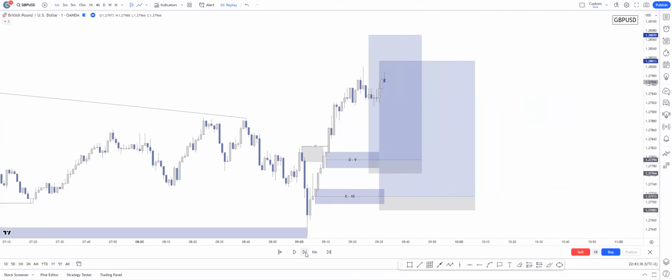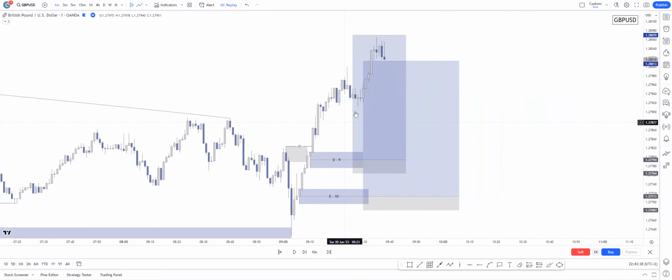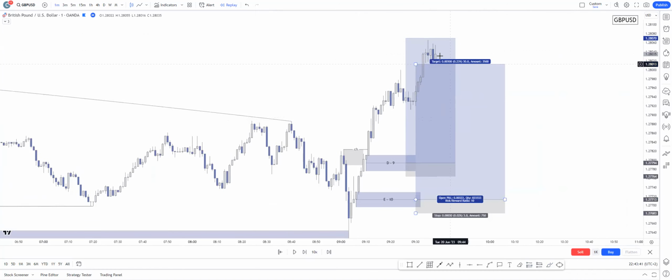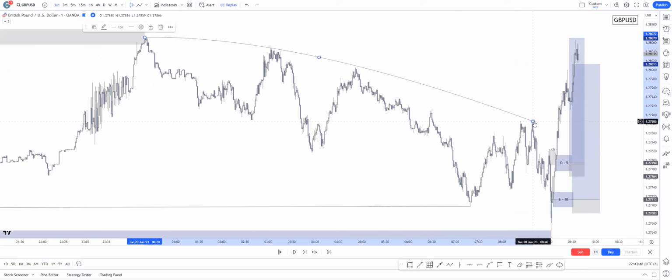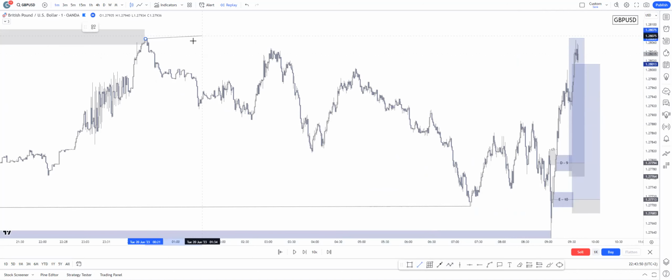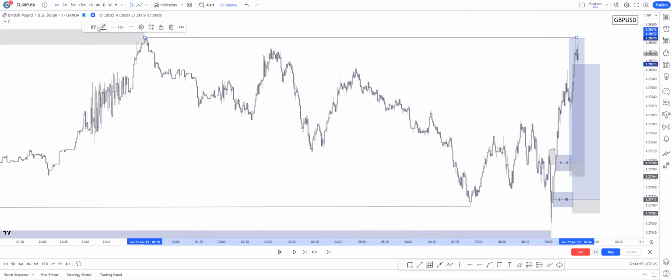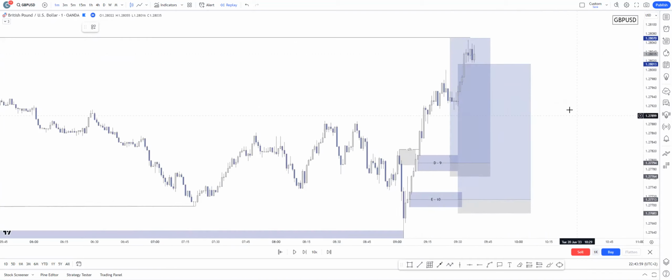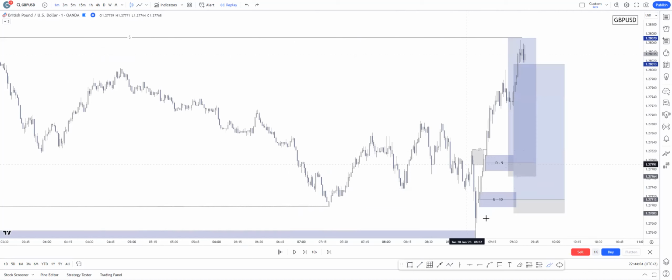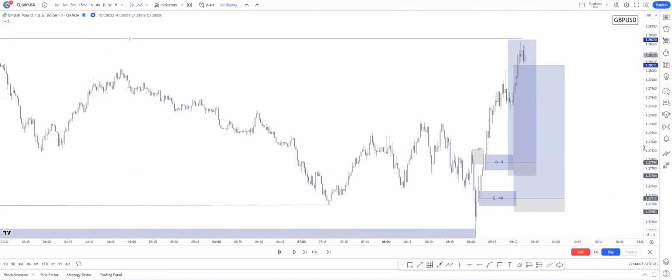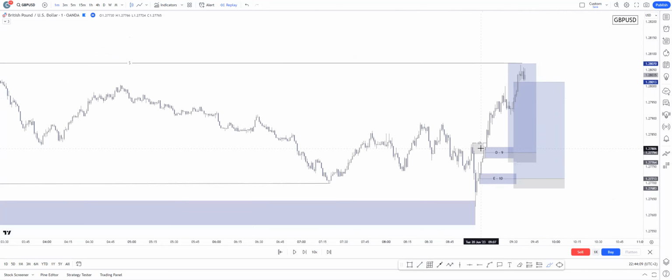But there is a problem, which would be actually price almost hit my original TP level and actually created really nice double tops right here. But in this case, I would probably delete the orders because price has just went too far away from my entry points, and probably there is a higher time frame zone on the 5-minute and probably on the 15-minute time frame too.